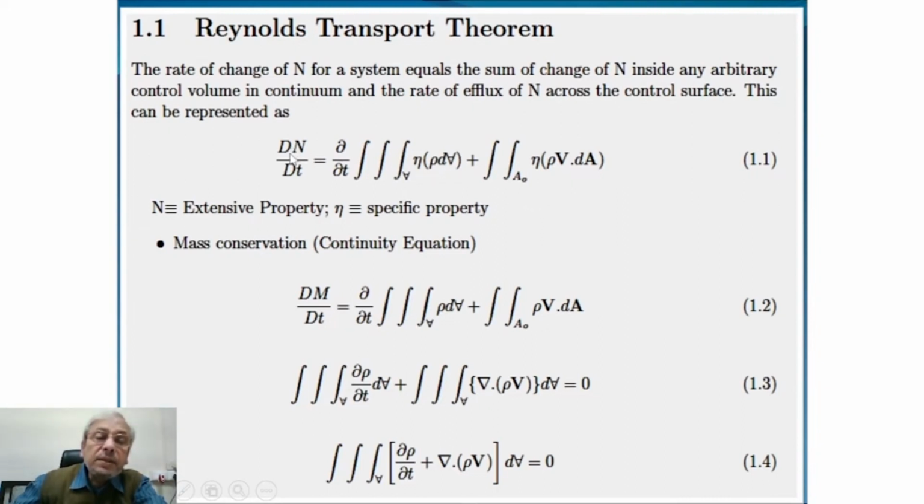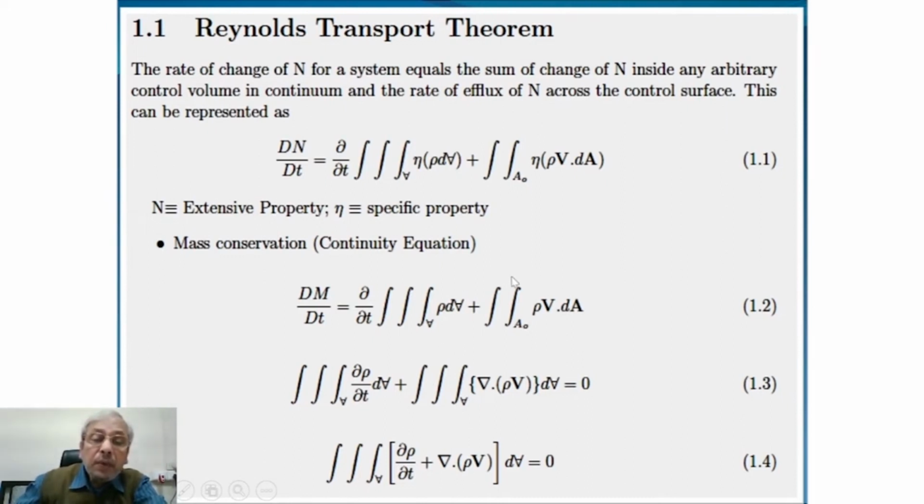And for mass conservation, let us rewrite it. So if we call mass as m for the system, we can write dm/dt equal to ∂/∂t of volume integral ρ dV plus surface integral ρ v dot dA. v is vector, dA is vector.